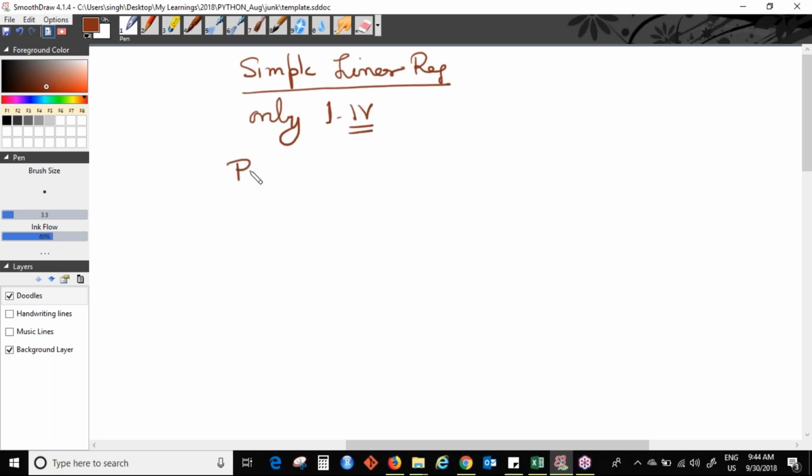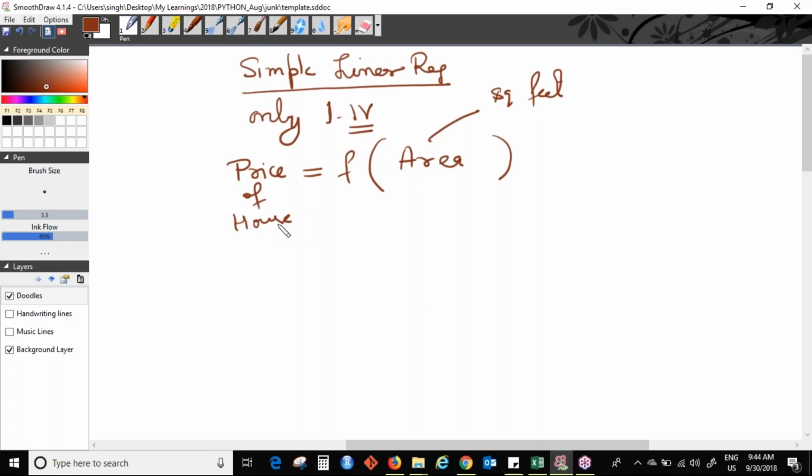Let us try to predict the price of a house based on the area of the house, in let's say square feet. Based on the area in square feet, we will try to predict the price of a house. I know the price of a house will depend on several other factors.